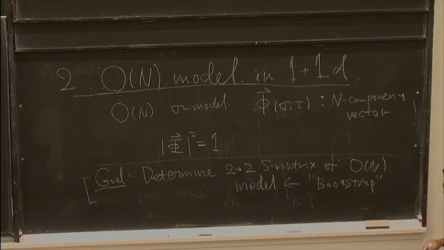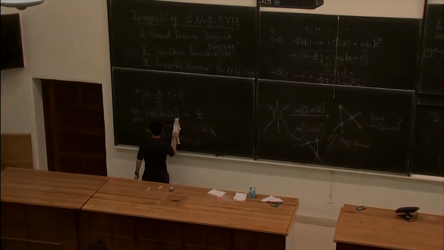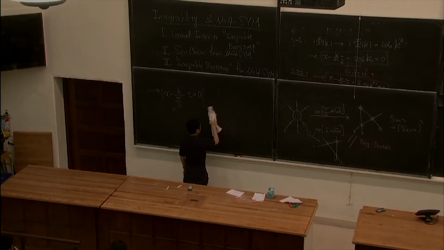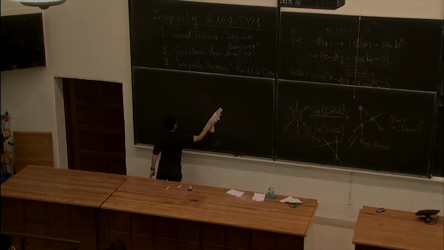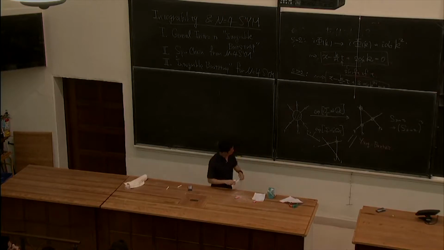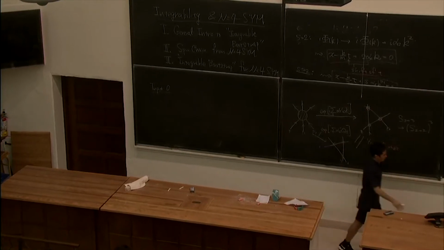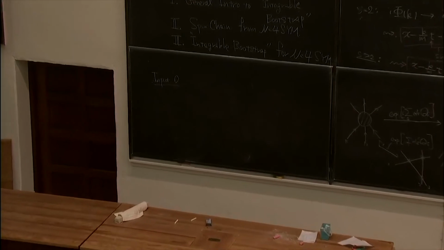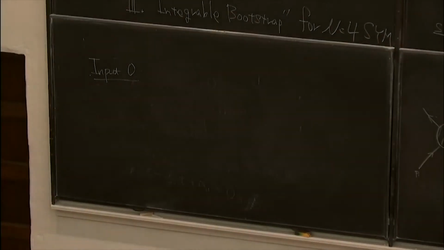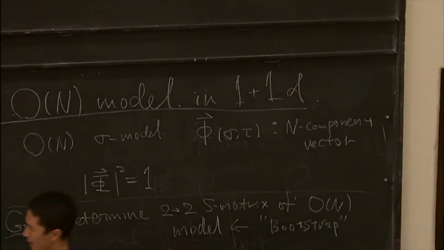So what are the inputs? Let me first analyze. Are you doing relativistic? Yes, now I'm doing relativistic field theory. So now let's discuss the input. Input 0. I haven't written down a Lagrangian of this theory, but from this property, this is basically a field living on S^(n-1).